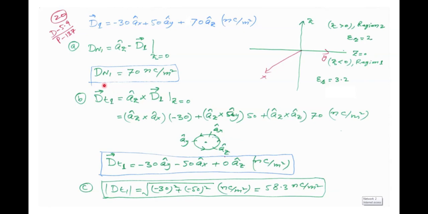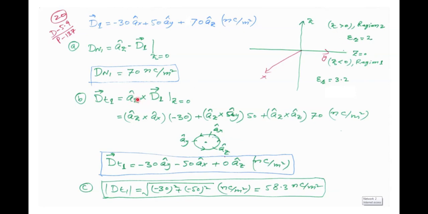Now we are asked to find the vector tangential component of the given D1 field. So we have to apply this boundary condition at z equal to 0, that is, take the cross product of the AZ unit vector. AZ unit vector represents the unit normal to the interface between region 1 and region 2 at the z equal to 0 plane.